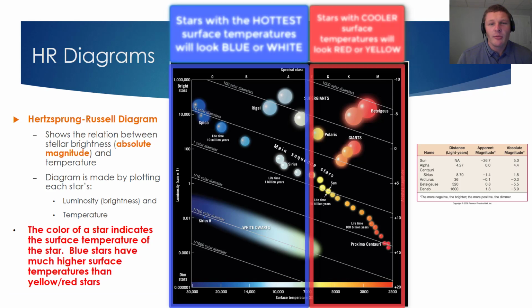So put as simply as possible, if we divide this diagram up into vertical columns, the stars that you see in the left-hand column will have the highest surface temperatures, and these stars will typically appear blue. Stars with lower surface temperatures will occur more towards the right side of this image. Red stars will have the lowest surface temperatures, and the orangish and yellowish stars will have higher surface temperatures than red stars, but much lower surface temperature than blue stars.